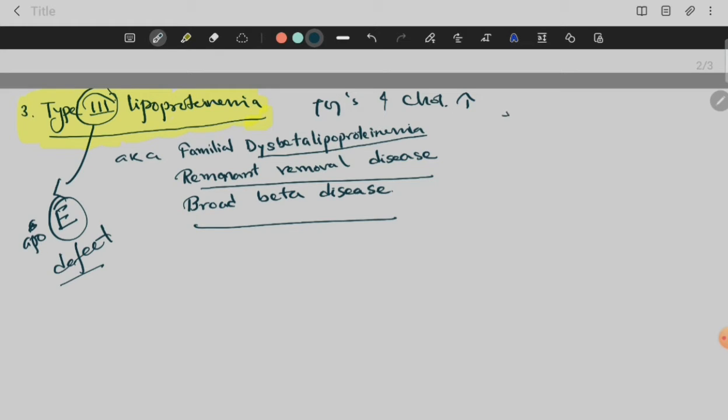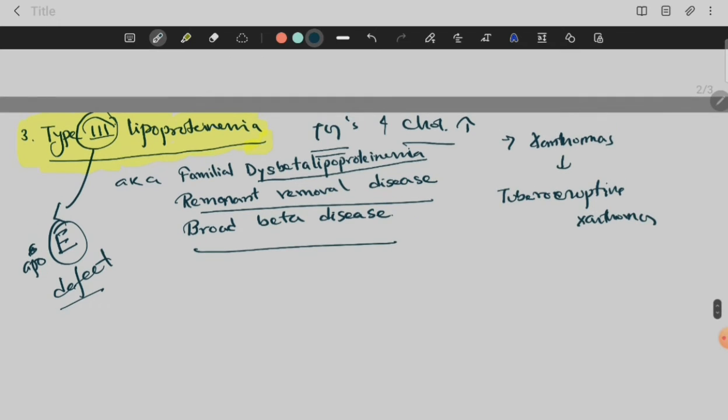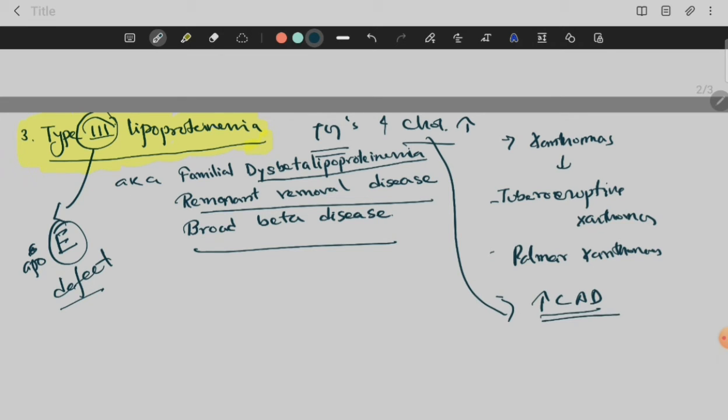So we can say that it can result in xanthomas again, but what type of xanthomas here? It will be of both TGs and cholesterol. So you can combine 1 and 2 and simply say tuberoeruptive xanthomas. There will be palmar xanthomas again, including the other xanthomas, and there will be cholesterol increasing, so increased risk of coronary artery disease.